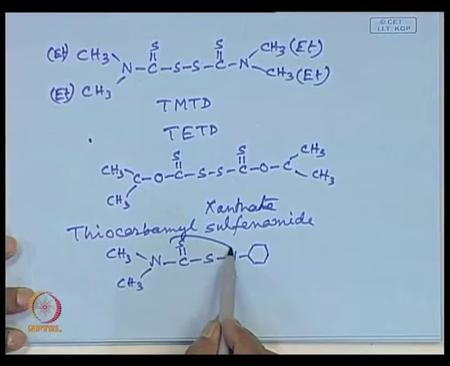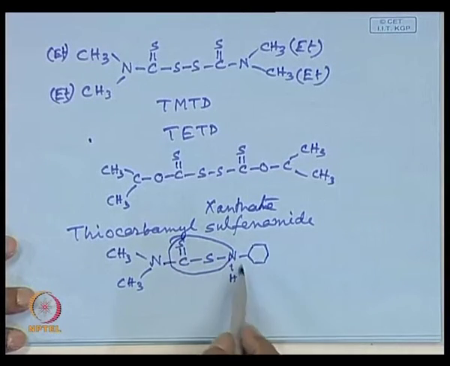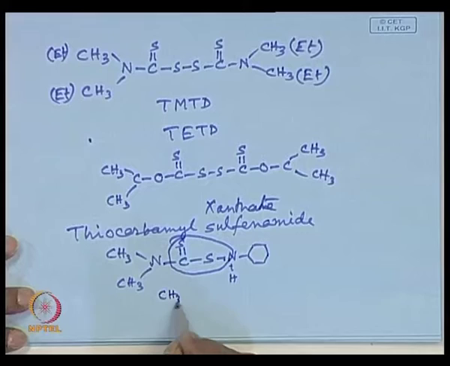This is the thiocarbamyl bond, a salt of thiocarbamic acid. If you do not know the chemistry, it is difficult for you to understand, so I am not going to that depth. And you can have other thiocarbamyl sulfonamides.